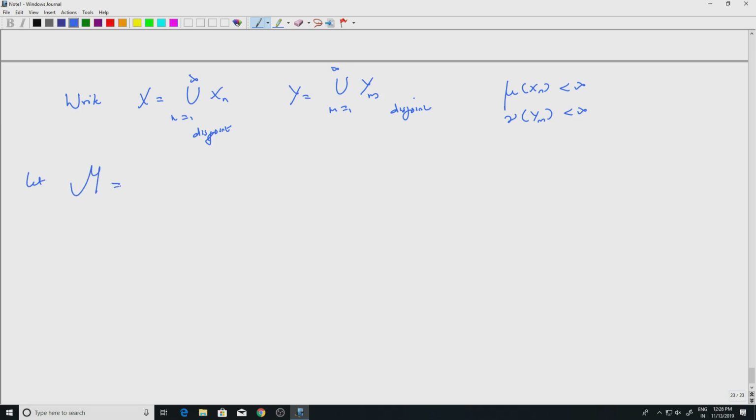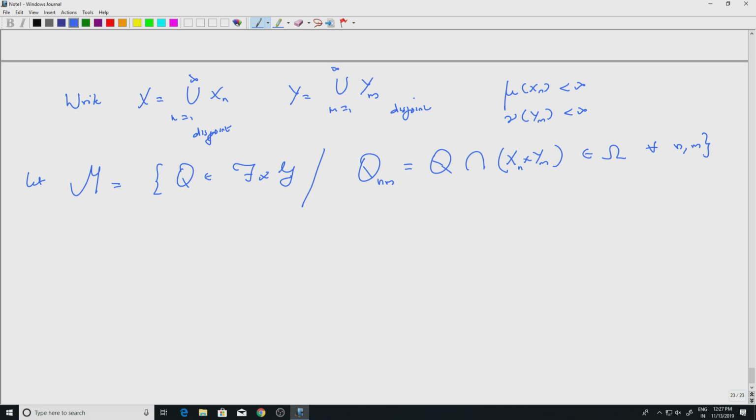Let script M be equal to Q in F cross G such that Q_nm. So what is Q_nm? This is Q intersected with X_n cross Y_m. Okay. So this is in omega for every n and m.